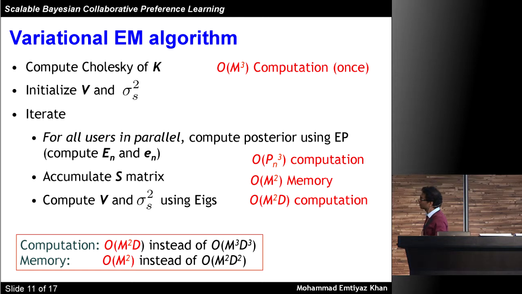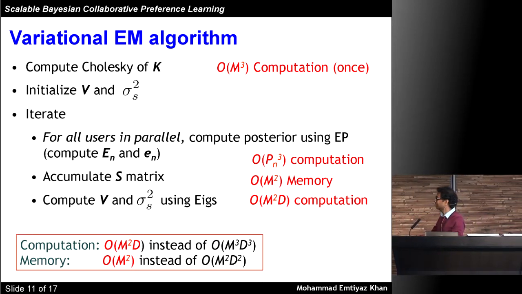And then for all users in parallel, you do EP or any other method to compute these small, sufficient matrices. If Pn is the number of pairs that user has provided, then this is going to be cubic in that. So you do a lot of little matrix inversions, and you add them to a big matrix S, and then you do eigenvalue decomposition. The details are in the paper, and you could compute both of these parameters.